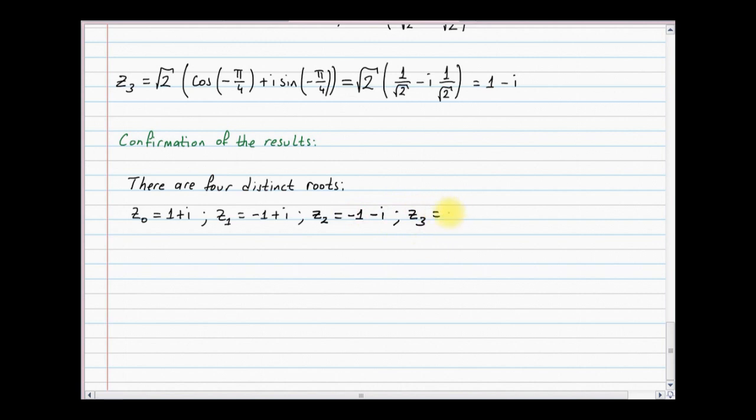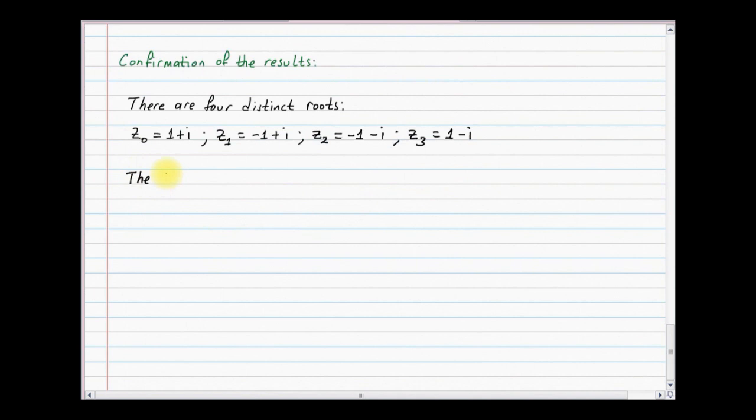And z3 is equal to 1 minus i. Therefore, there are 4 distinct roots. And in fact, these are 2 complex numbers and their conjugates.